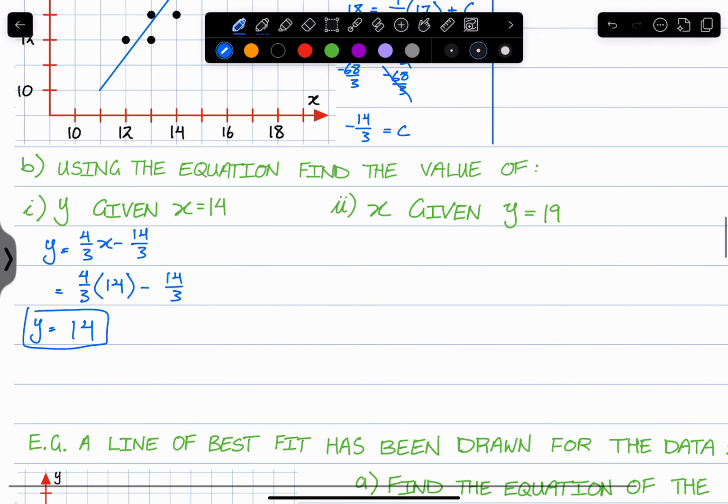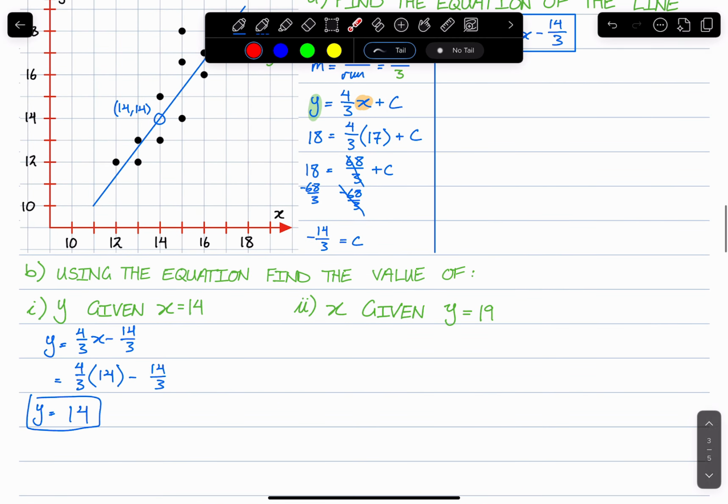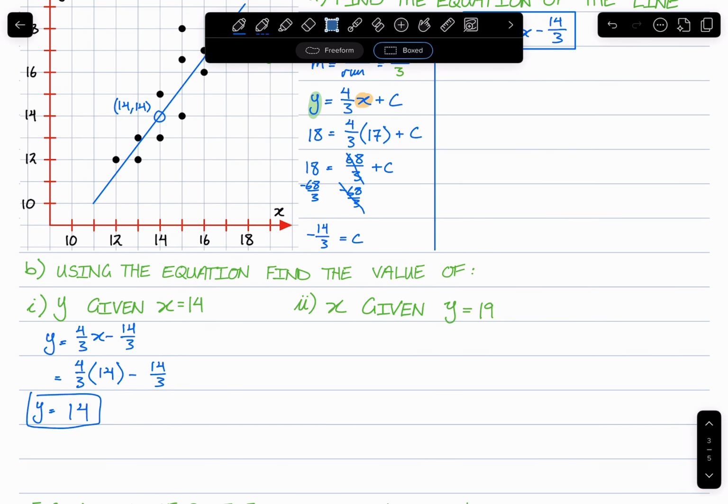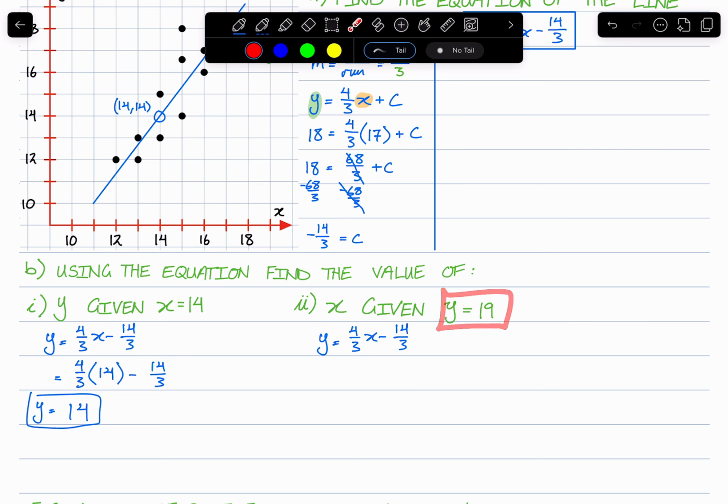Now let's do the second problem here. This time it says find the value of x given y is 19. So once again, we're starting with our equation. Let's get rid of that y. But this time, because we are given y is 19, we're going to substitute that here.